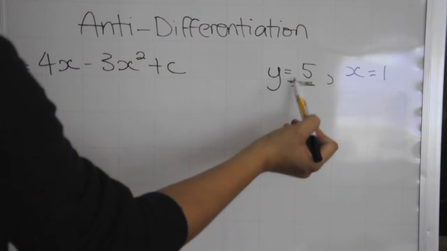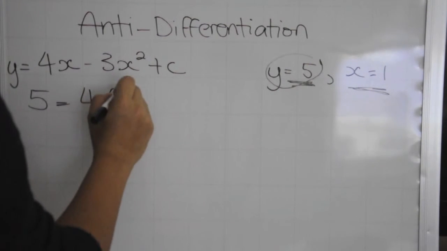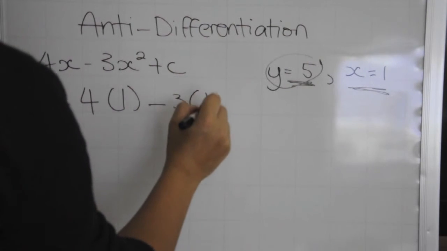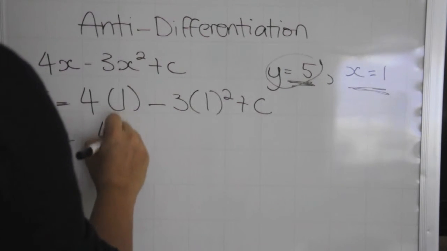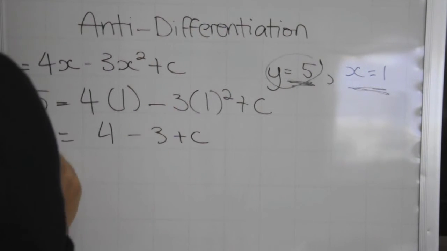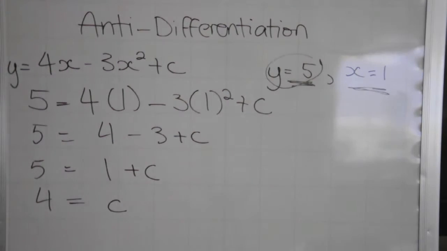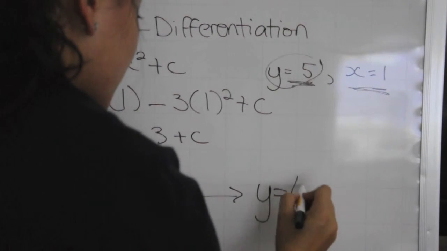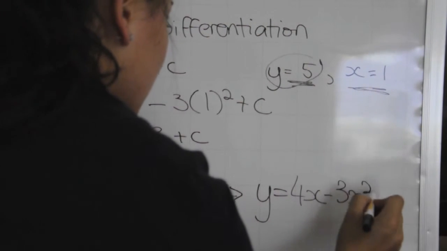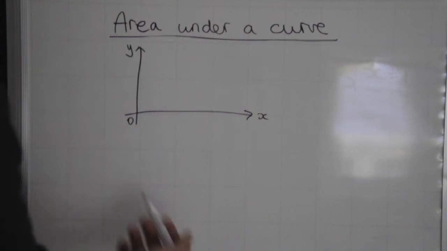So we just substitute y for 5 and x 1, which equals 4, 1 plus c, which gets us 4. Found c, and now we just have to put it back into the equation. y equals the integral, plus 4. That's it.